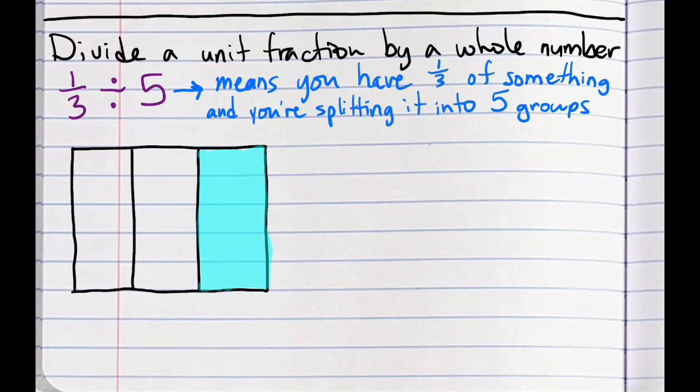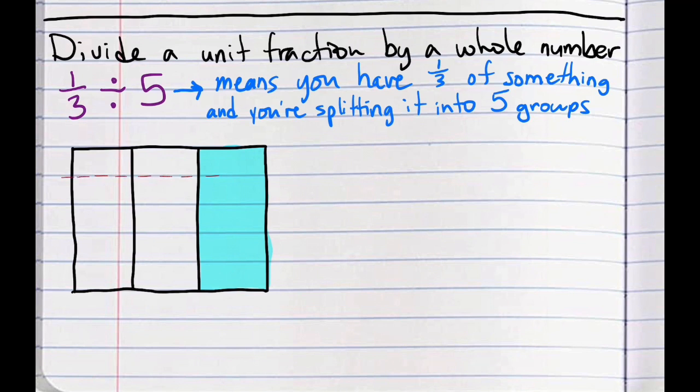All right, so there's the 1/3 we have, and now I need to split it into 5 groups. In order to show that, I'm going to use that dotted line strategy like we used in the earlier division example. And I want to split my 1/3 into 5 different groups.